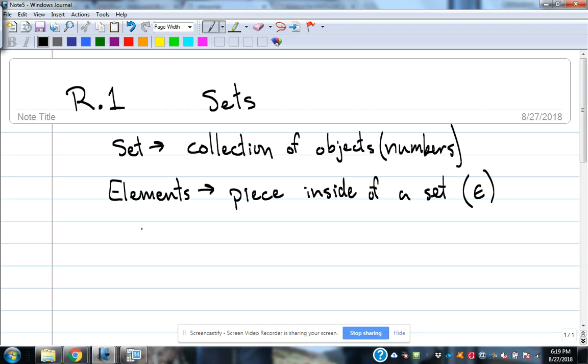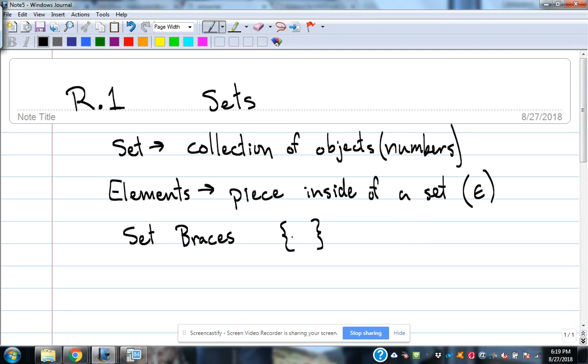And the way we write a set is with set braces. Set braces look like this. Yours don't have to be perfect, but don't do this, because that just makes me think I'm going to make a butterfly out of that.